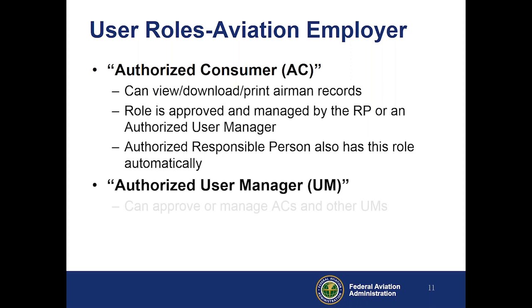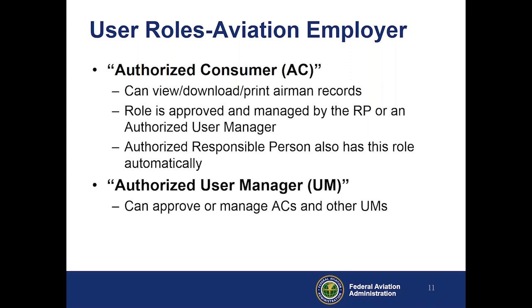The next role we're going to talk about is user managers. And this is a pretty simple role. They don't do very much except for manage other users. So an example of this might be, the responsible person can approve users in the system, but maybe they don't want to have to do that on a daily basis, right?